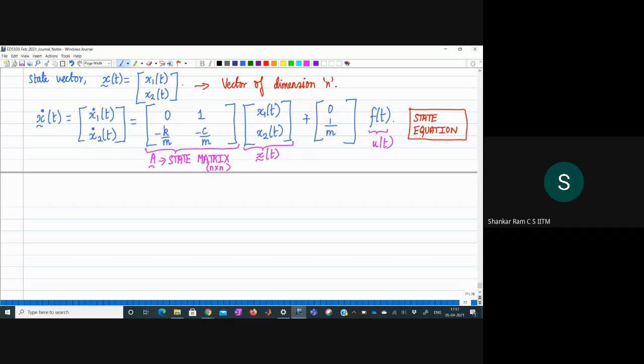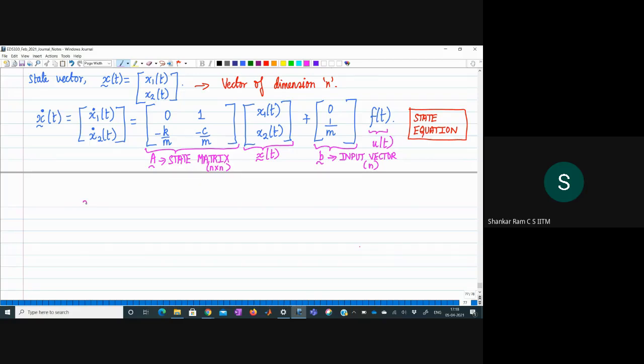This column vector, which is of dimension n, is what is called the input vector. It is characterized by the character b, b with a tilde underneath, of dimension n, and essentially this is a column vector of dimension n.